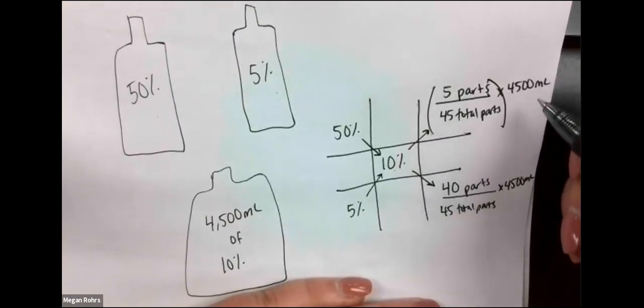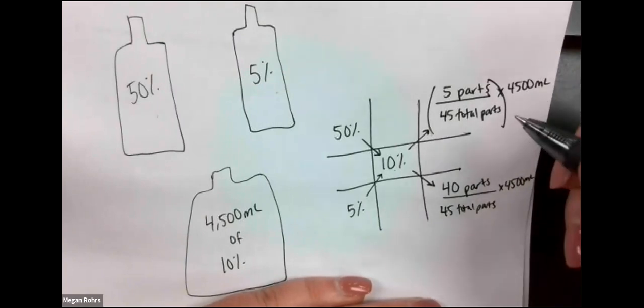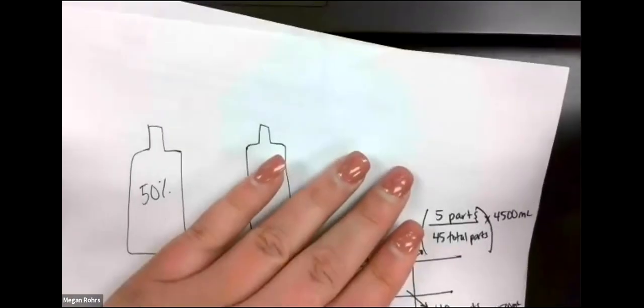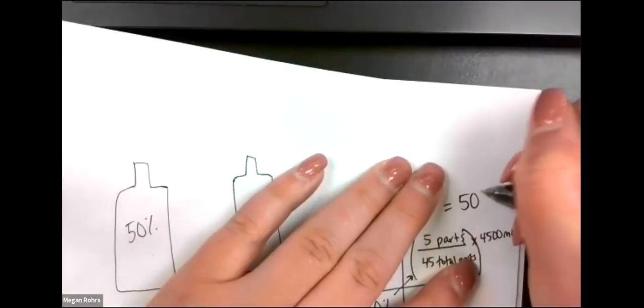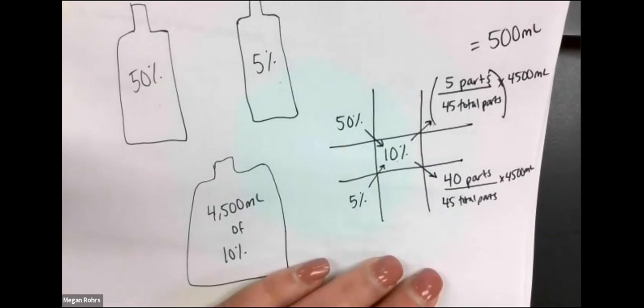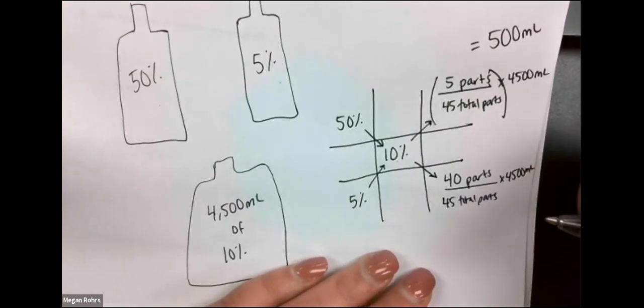That gives me 499.9999 repeating. So basically 500 mils here. So that one was 500 mils. And then we're going to do the same thing here. So 40 divided by 45, leave that in your calculator, and then take that times 4,500, which gives me 3,999.999 repeating.